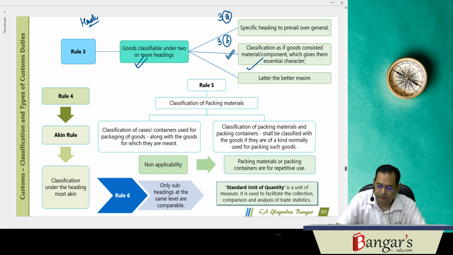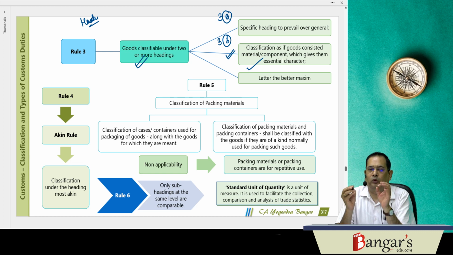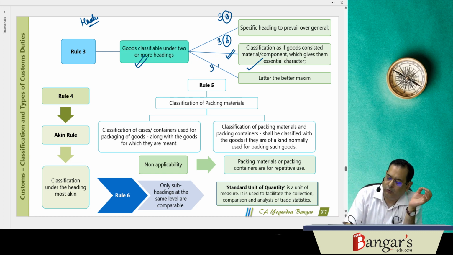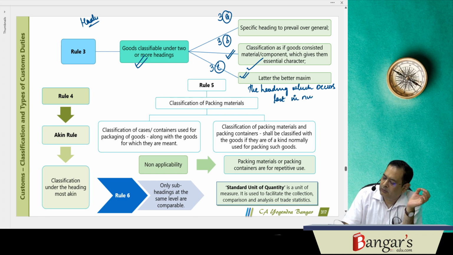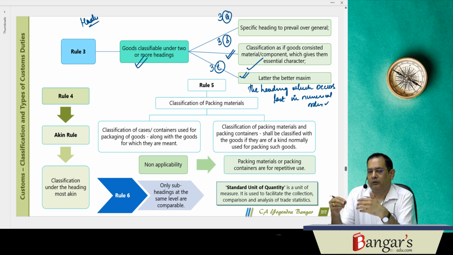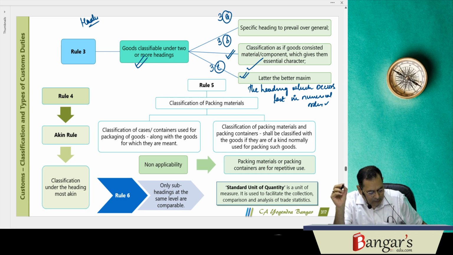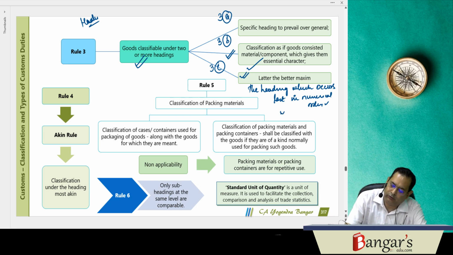Besides this, when both headings are equally specific, then rule 3c applies, the maxim that the heading which occurs last in numerical order will prevail over the earlier one. So when two or more headings are equally specific, the heading which occurs last in numerical order equally merits consideration.